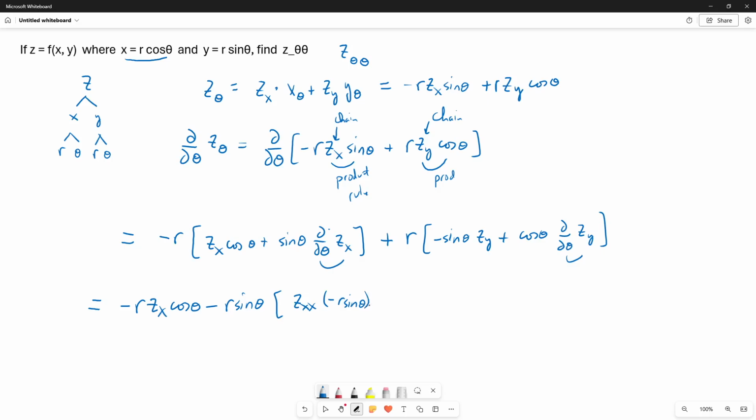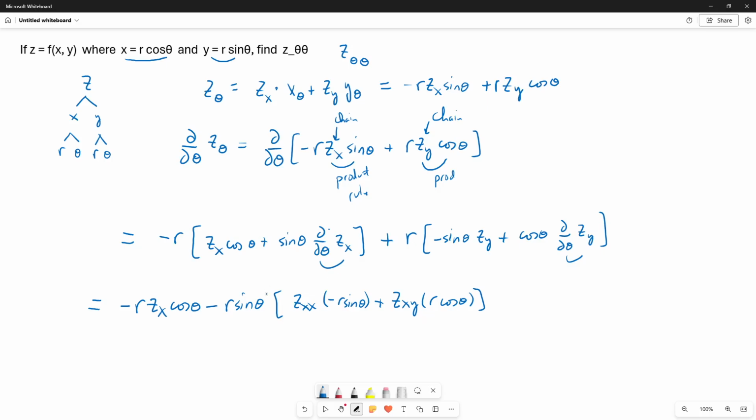And then plus, take the derivative of this with respect to y, that's z sub xy times the derivative of y with respect to theta, and that's r cosine theta. So that's this first piece now. That was the chain rule.